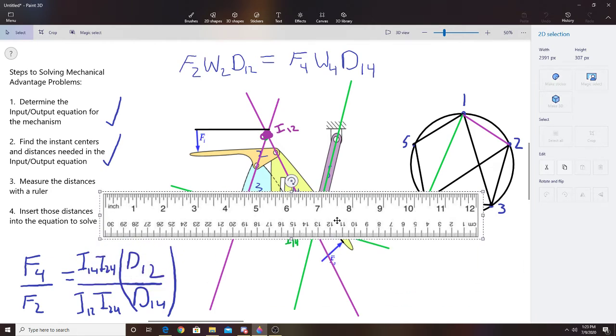So D12 is the distance from where the force is acting to like the ground. But unfortunately in this situation, D12 is basically the distance from the force to the instant center. But in other questions, it's a lot easier to do because I think the reason is because it has two revolute pins here. If it has one, if you notice, our earlier questions had only one. I believe that's the reason why.